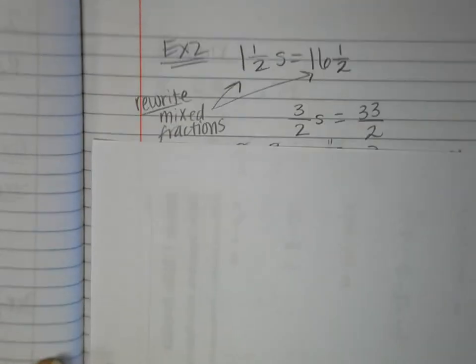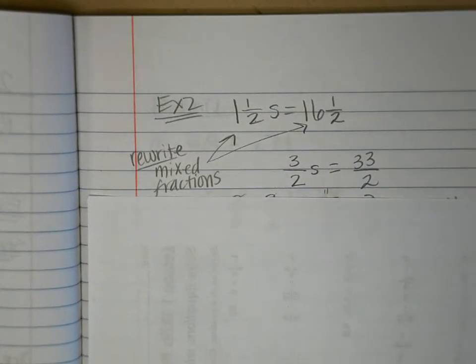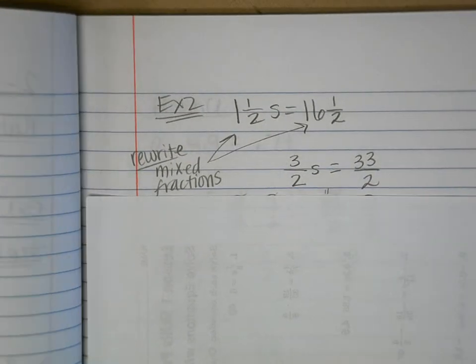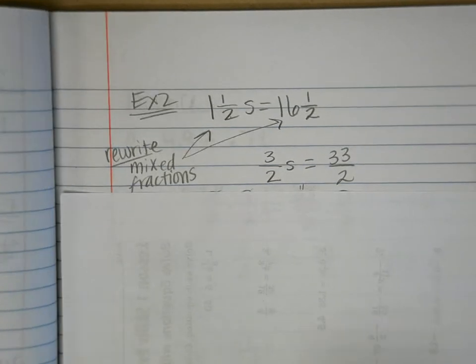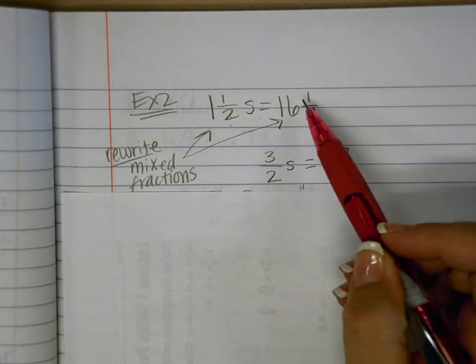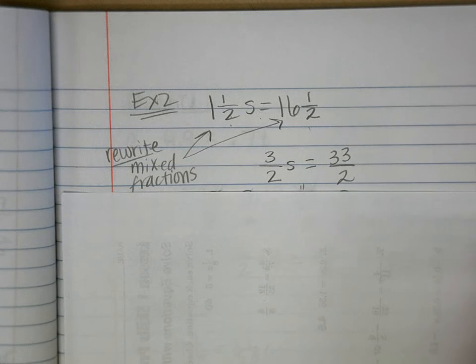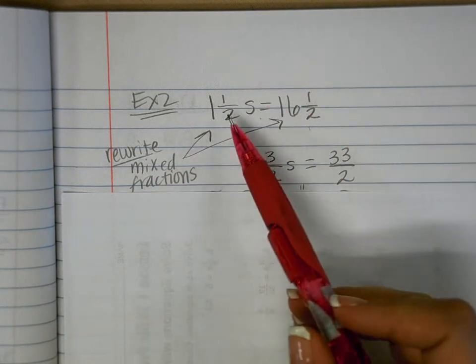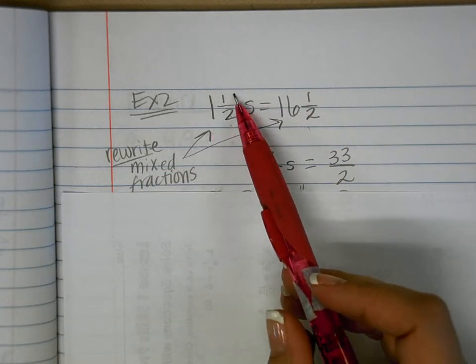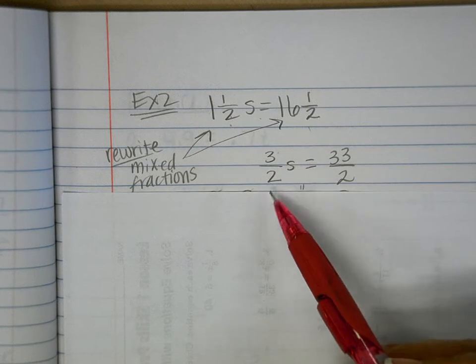Okay, example 2 has some mixed fractions. You guys remember how to rewrite mixed fractions? Let's see if you remember. So this is 1½ s equals 16½. So we have to rewrite them. So remember we go 2 times 1 plus 1 is 3, and you keep the denominator.